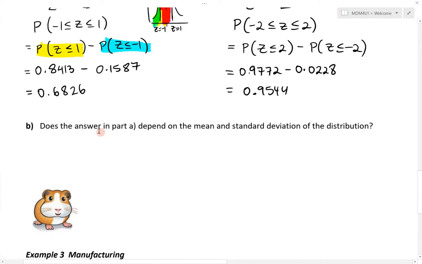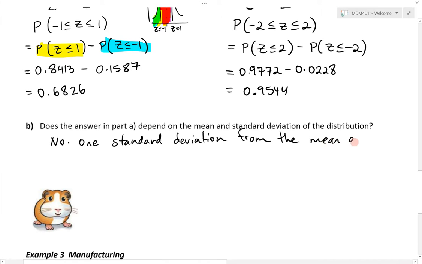So part B, does the answer in part A depend on the mean and standard deviation of the distribution? No, it does not. Okay, so 1 standard deviation from the mean always results in a z-score of -1 or 1.